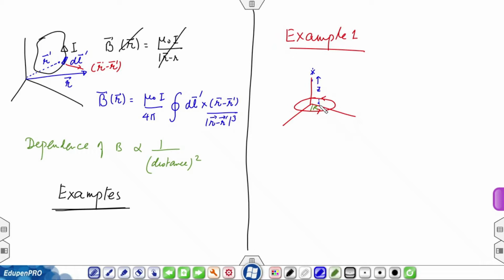You must have done this problem in your BSc and MSc, but I now want to use the full mathematics machinery so that you get used to it. This is in the xy plane, the radius is r, and it is carrying a current I. So, let us see, I am calculating the field at r equals point z on the z axis.